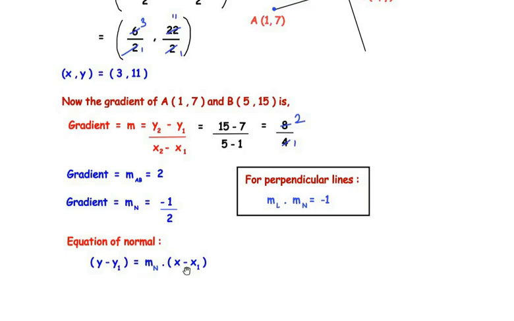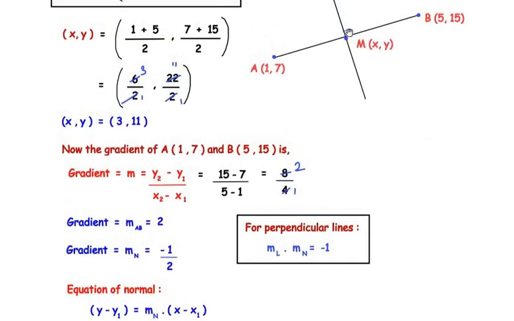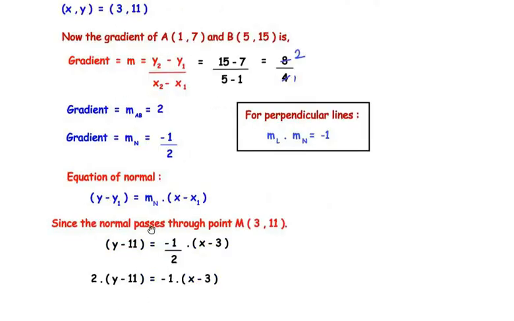Now in this formula, x1 and y1 represent the coordinates of the midpoint M because the perpendicular bisector passes through this point. So here we are going to consider the coordinates of the midpoint for x1 and y1, and we have got the gradient of the normal as negative 1 over 2. So since the normal passes through the midpoint M, that is 3, 11, we have taken y minus, now y1 is 11, so y minus 11 is equal to the gradient of the normal, negative 1 over 2, times x minus x1, which is 3.